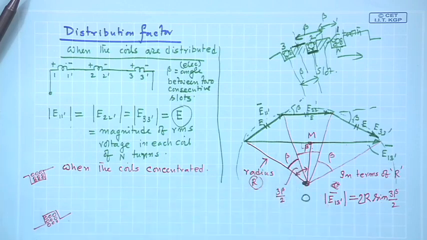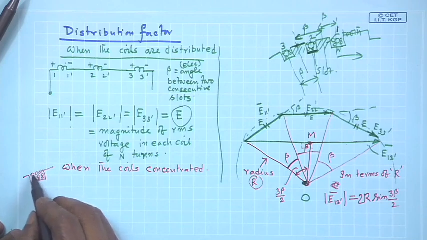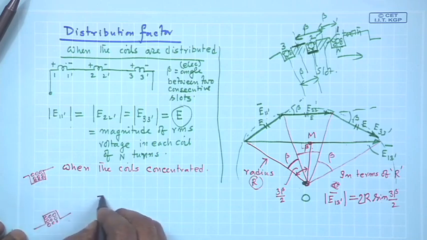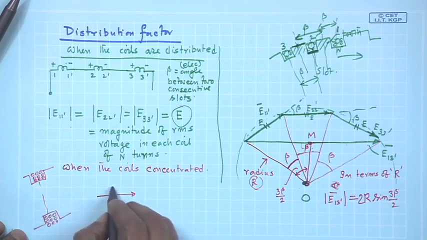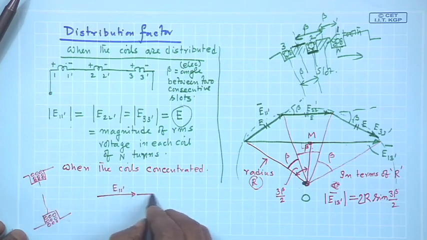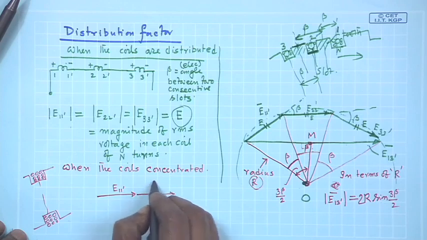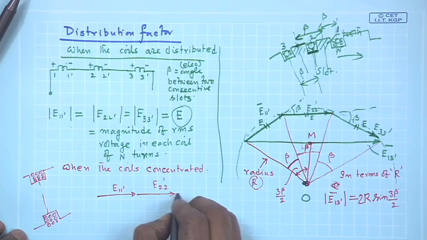So, the same number of turns. Individually, if this is 1 dashed, they are diametrically opposite. If this is 1 dashed, this is 2 dashed, they are co-phasal now, and this is 3 dashed.